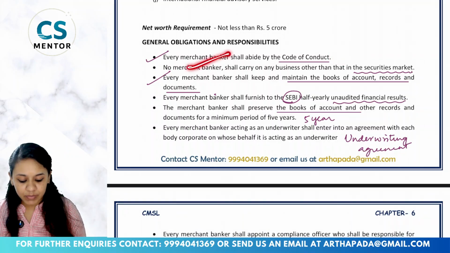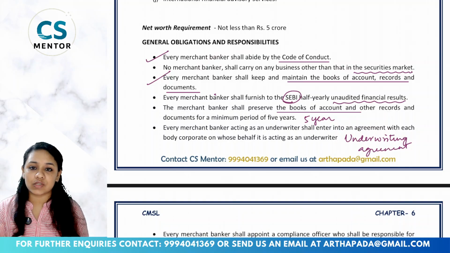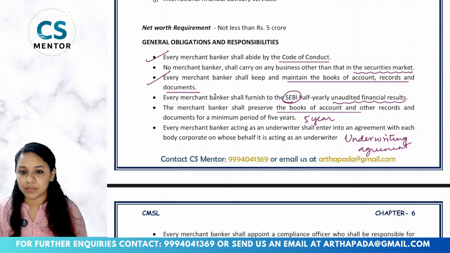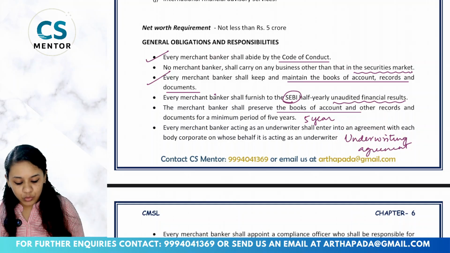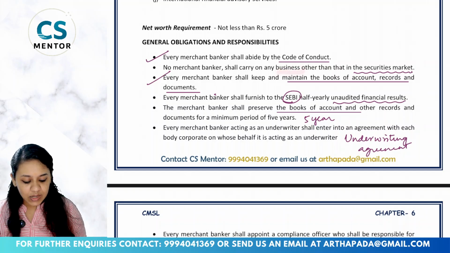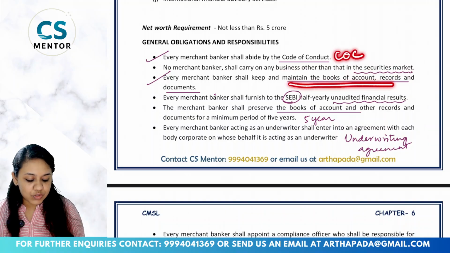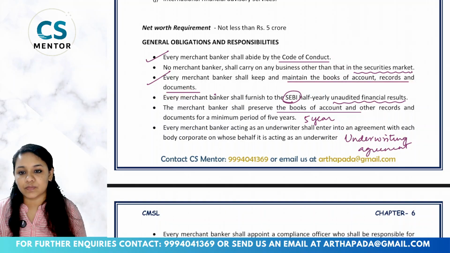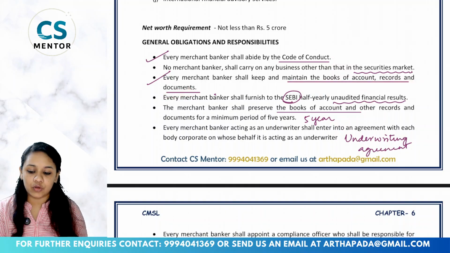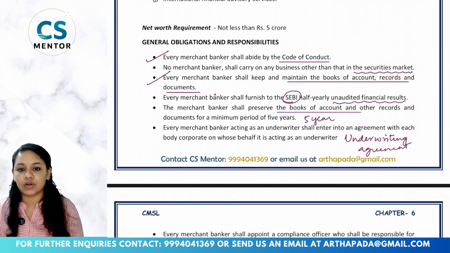So they will say merchant banker shall abide by code of conduct, custodian shall abide by code of conduct, something like that. Then, no merchant banker shall carry on any business other than that in the securities market. Not only code of conduct, they have to maintain books of accounts, records, and documents.